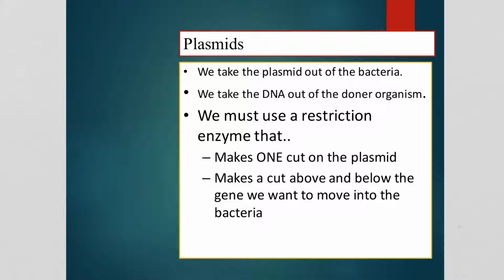Now this is very important. When we find this restriction enzyme, it must have specific traits. The first is that it makes only 1 cut on the plasmid, only 1 cut on the bacteria DNA. And it makes a cut above and below the gene we want to move into the bacteria.